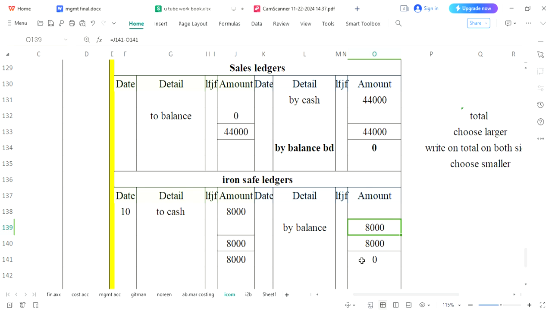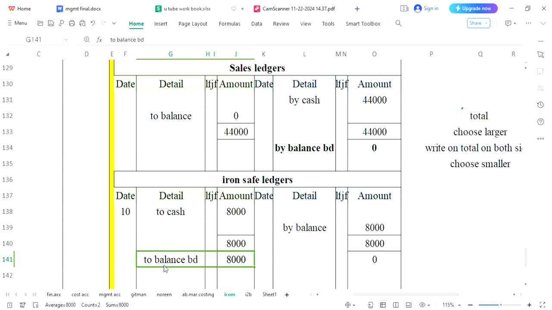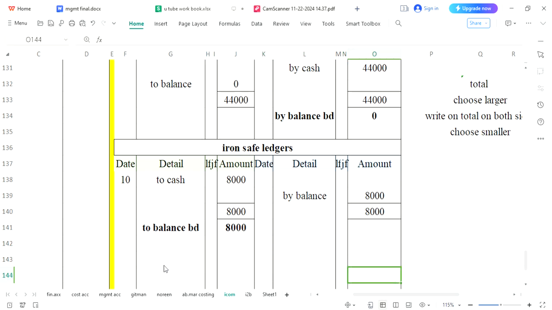This balance is brought down to the opposite side and you will write to balance over here. And you will write brought down, BD brought down. Just highlight this balance, and total was calculated just for rough work. So guys, in this way all ledgers have been completed.